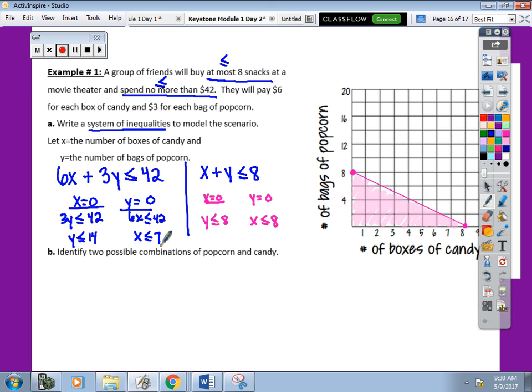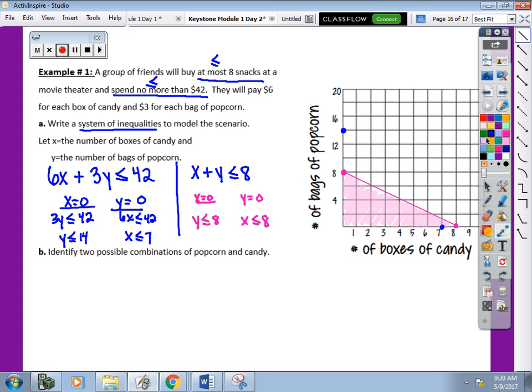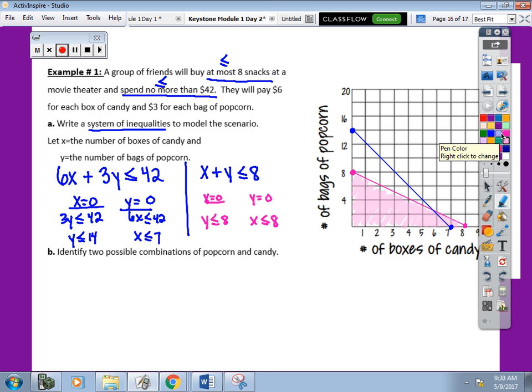So on the x-axis, I'd put a dot at 7. The y-axis, I would put a dot at 14. Again, they have an equal bar, so I am going to connect those with a solid line. And I'm also shading underneath this curve. Okay. So my final answer is where these pink and blue shaded regions overlap, which occurs here.